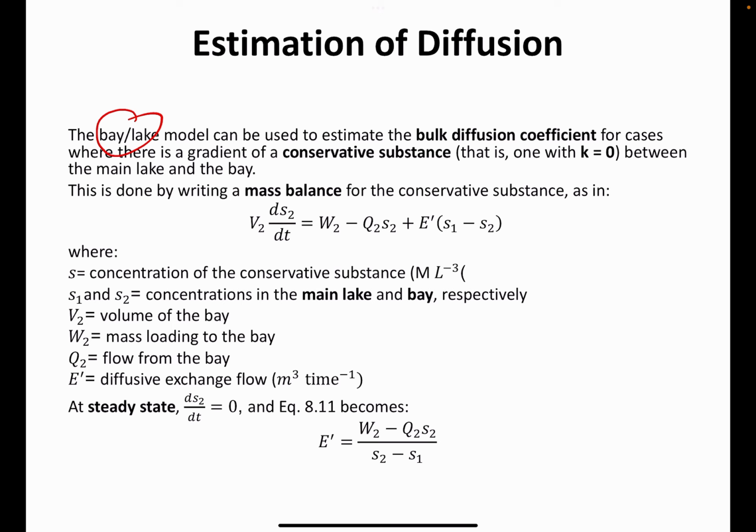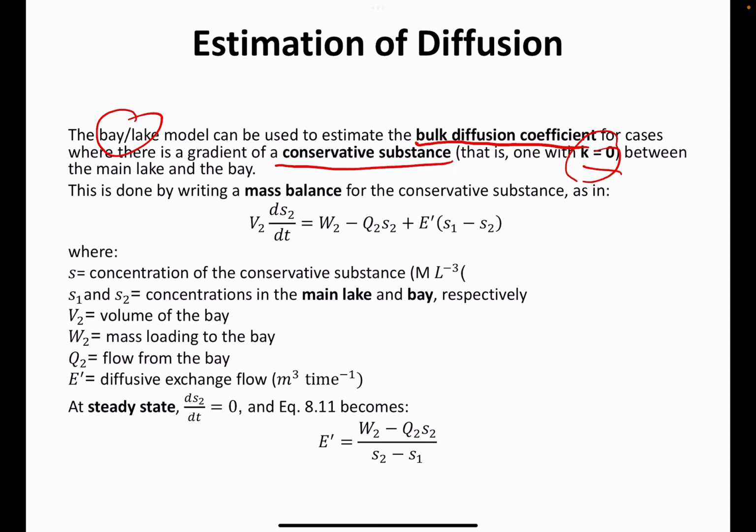The Bay-Lake model can be used to estimate the bulk diffusion coefficient for cases where there's a gradient of conservative substances. Why do we choose a conservative substance? Because K is 0. There is no volatilization, there is no settling, there is no decay whatsoever. Because we want to put this conservative substance and see the diffusivity constant, or the diffusivity between the bay and the lake.